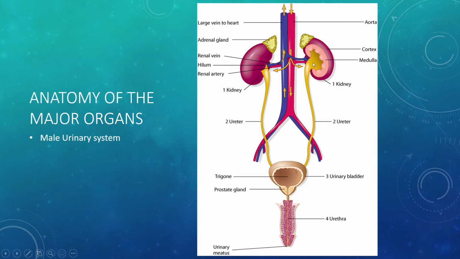Shown as a yellow color here, the ureters. The ureters transport the processed urine down to the urinary bladder for storage and excretion. As I stated, the kidneys are large bean-shaped organs. Seated atop the kidneys are the adrenal glands.